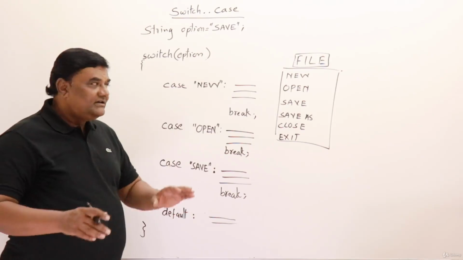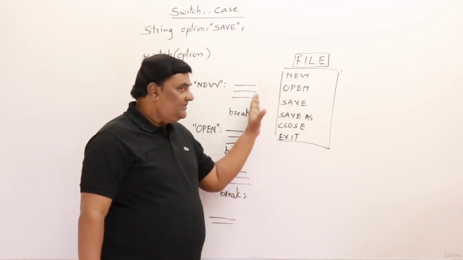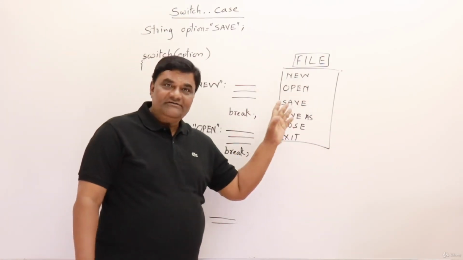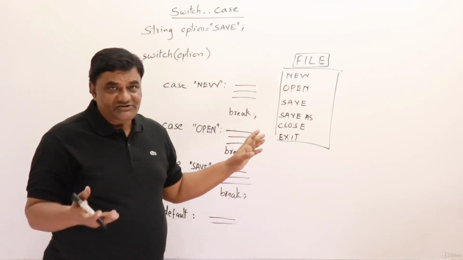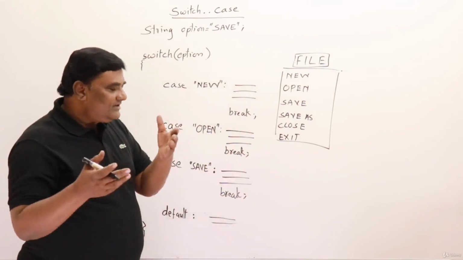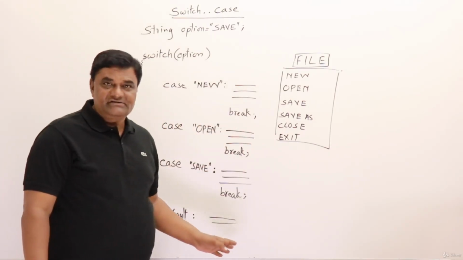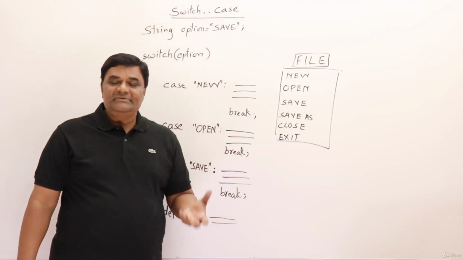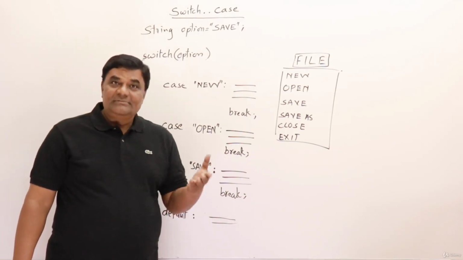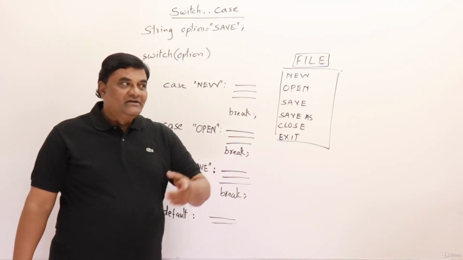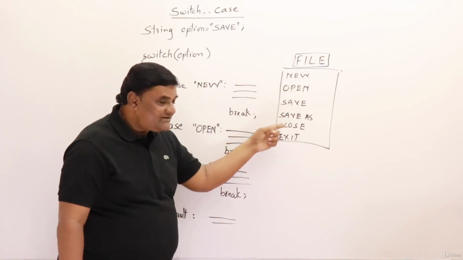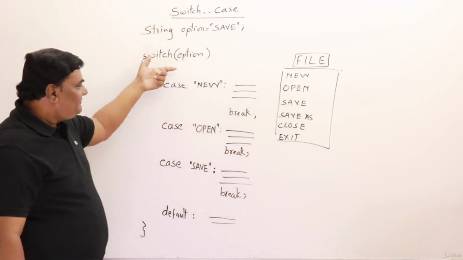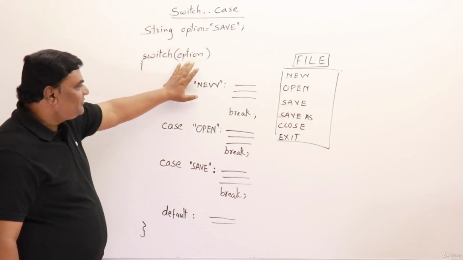So if you are developing a Java program with menu options, and for every menu option you have to provide some functionality, some operations, so definitely you have to write switch case. And nowadays every application will have some menu and it must have switch case. So the cases, these are strings. So it will be easy for the programmer if switch case supports strings.